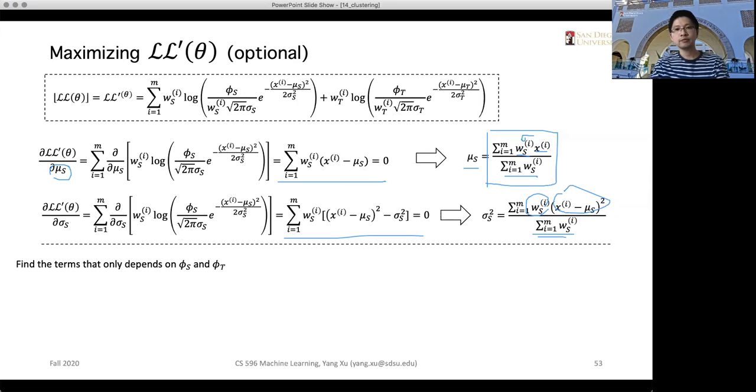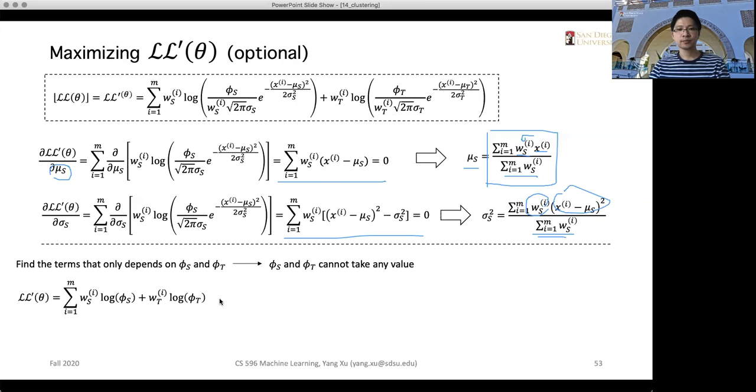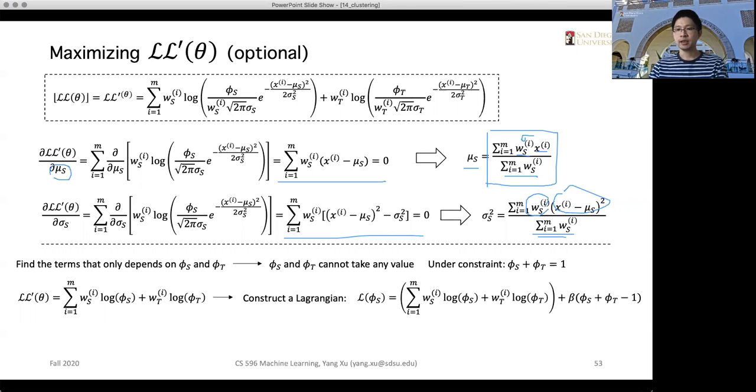We also need to solve for phi s and phi t, which are the prior probabilities for salmon and tuna. If we take the derivatives of phi s and phi t, we have an additional constraint because they need to sum up to 1. So we need to use the Lagrangian method by constructing a Lagrangian term with beta, because this is a constrained optimization problem.